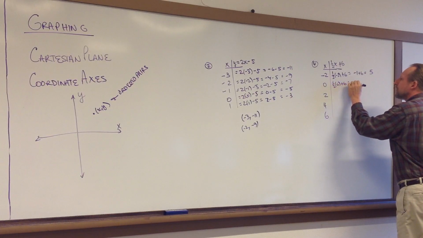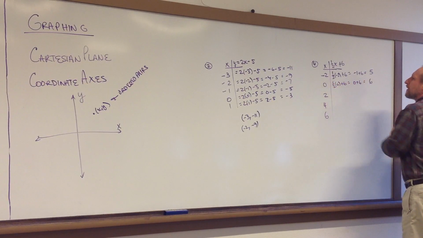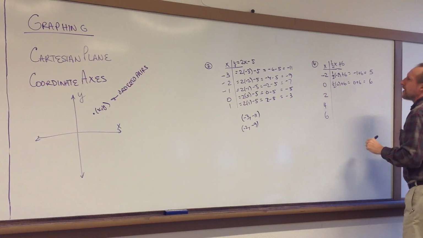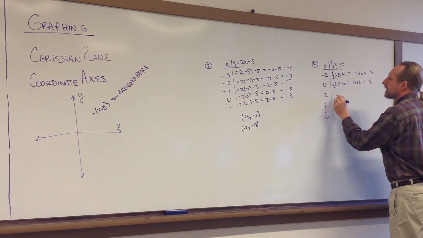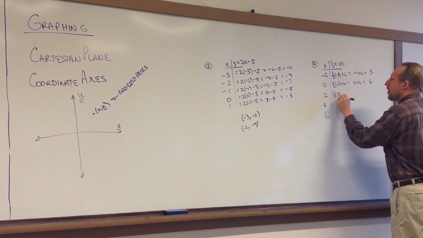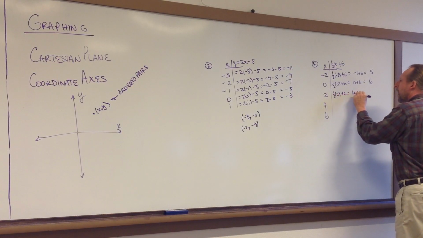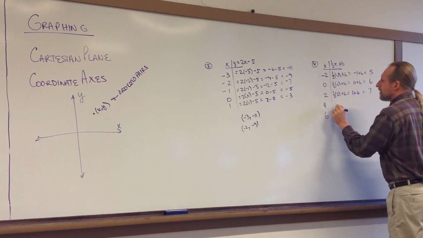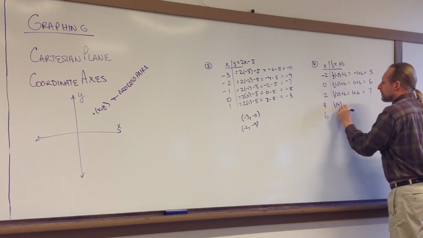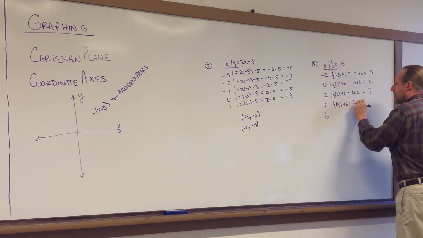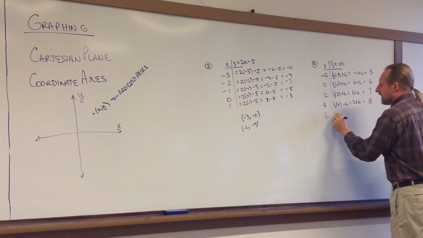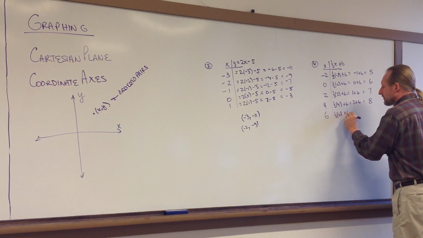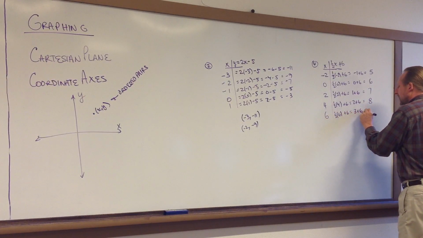Plug in the 0, that'll be 6. Plug in the 2, and that'll be 7. Plug in the 4, and that'll be 8. And if we plug in the 6, then that'll be 9.